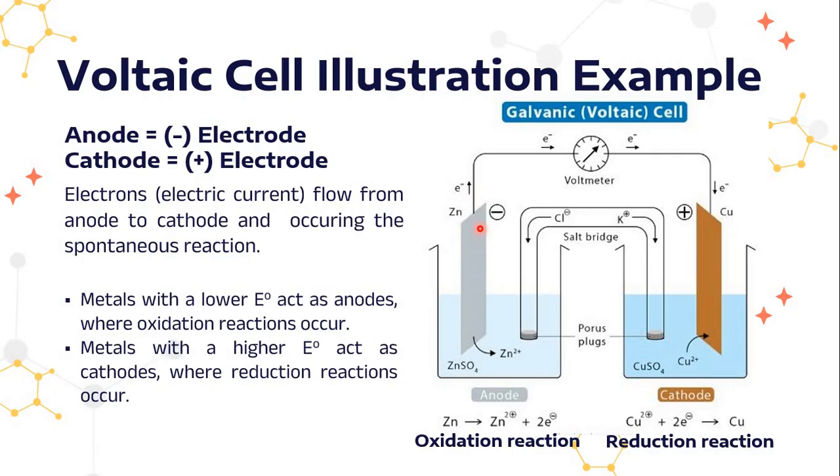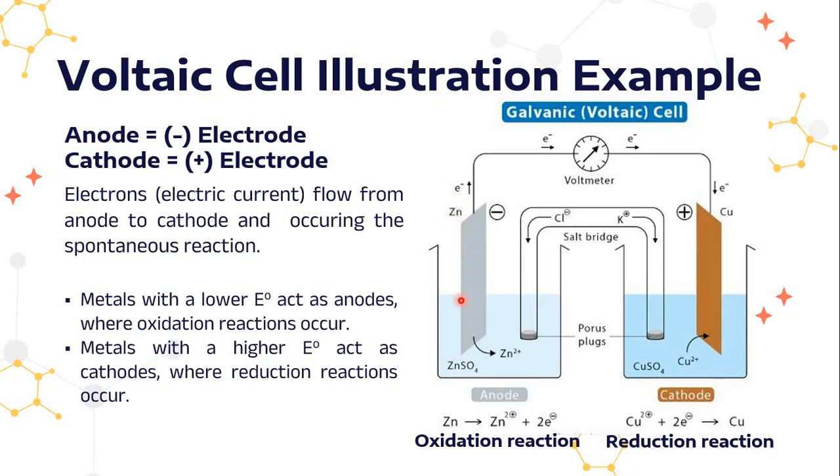For example, in this picture the anode is zinc. Zinc is put in the chamber that contains zinc sulfate electrolyte solution. So the electrolyte contains the metal used as the anode.